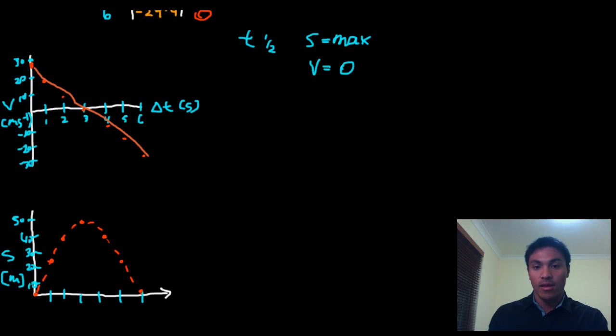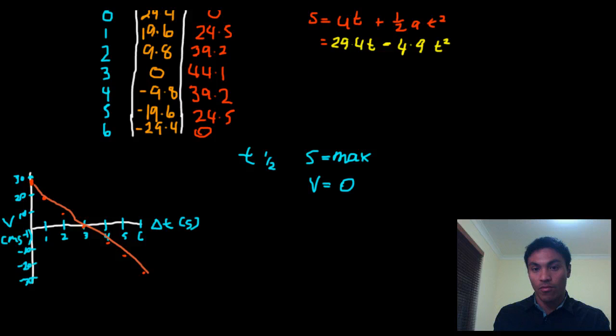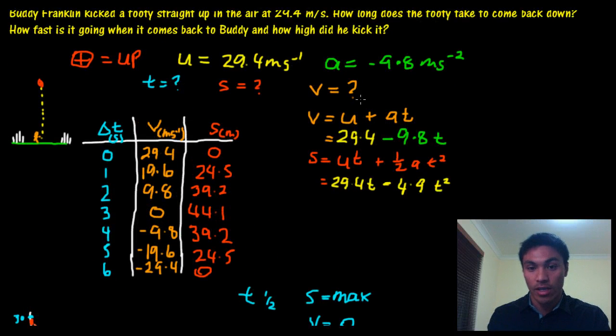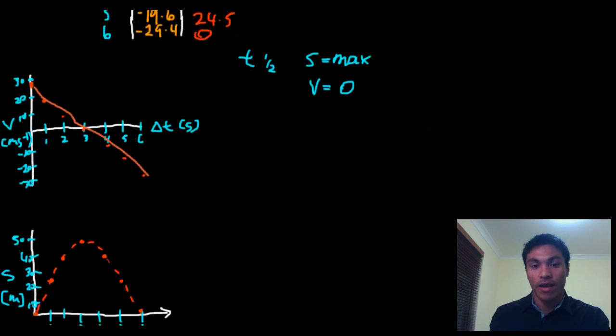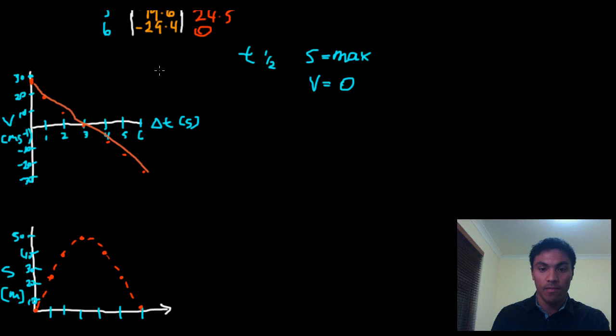So let's have a look at one of our equations here. V equals u plus at, to figure out for our t. So we know that at halfway through the motion, v equals u plus at.